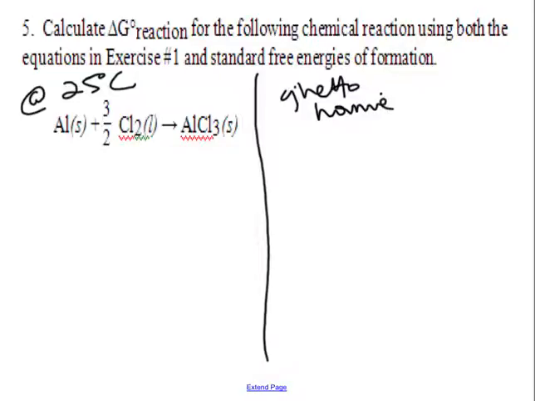Now, to do Big Mama, number 1 has a table above it that has your delta G values. So delta G, we do products minus reactants. Go back to number 1 and tell me what the delta G value for AlCl3 is. Negative 704, and the units on that are?